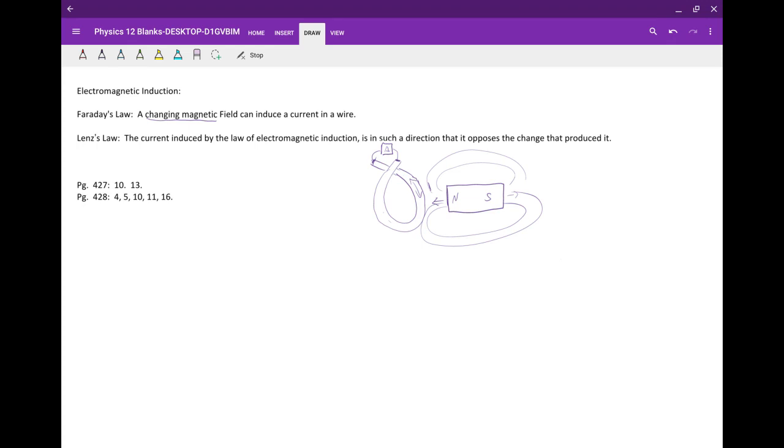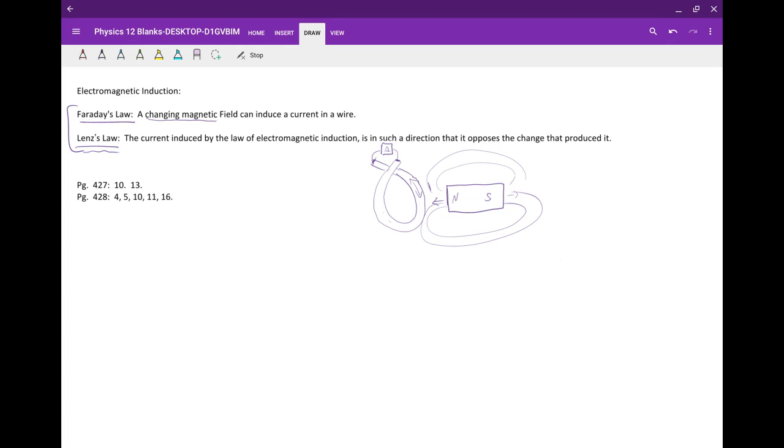Now the direction of the current is determined by Lenz's law. So these two laws together basically make up what's called the motor principle, okay? Faraday's law says that a changing magnetic field induces a current in a wire, whereas Lenz's law says that the current that gets produced is in a certain direction.